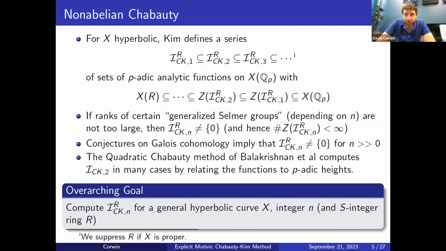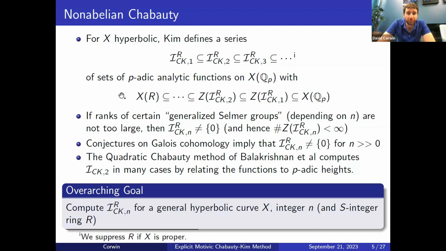So, non-abelian Chabauty, to review a little bit, and what's important for us, is that it defines a series of sets of p-adic analytic functions on the p-adic points of the curve that vanish on the S-integral or rational points. And so therefore they're zero sets. These zero sets are nested like so, and contain X of R, which we're trying to find.